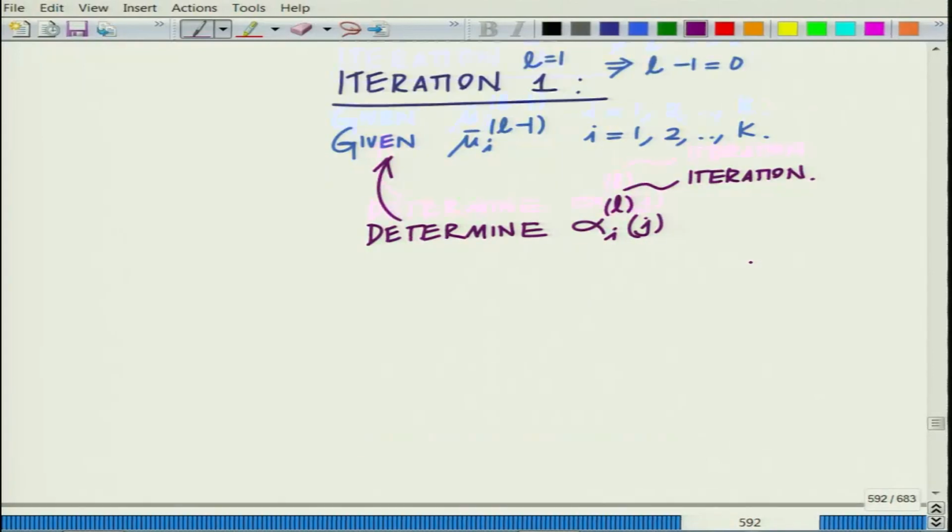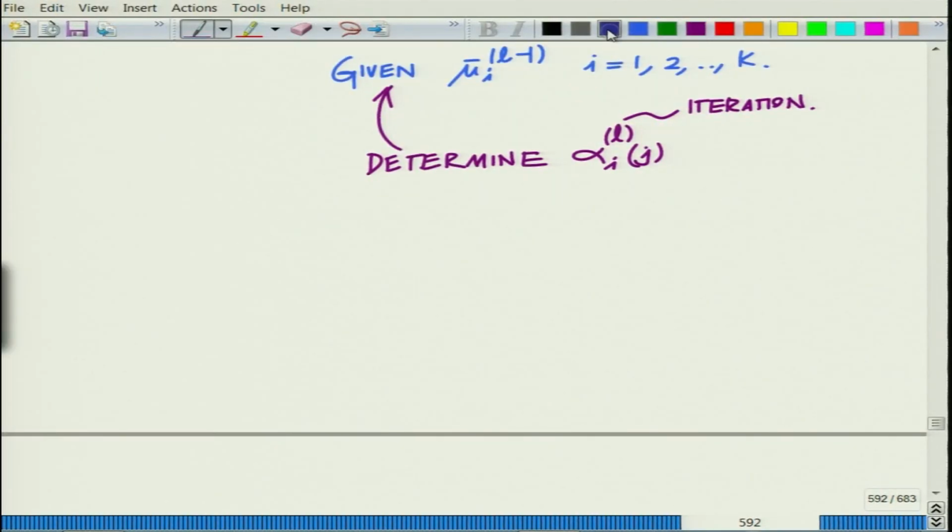And how do we determine that? Again, we have the minimal cost function, this is iteration L, and we have to minimize the cost function. Remember, we have the cost function, our cost function.